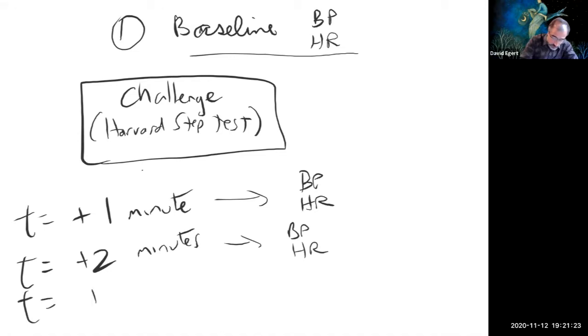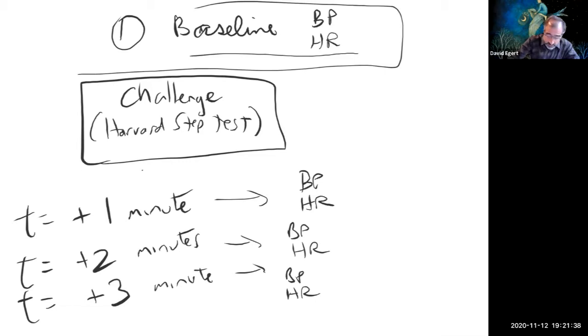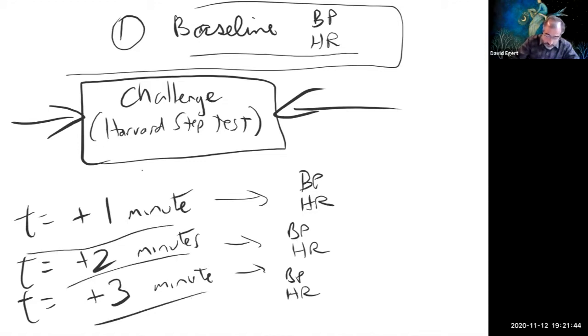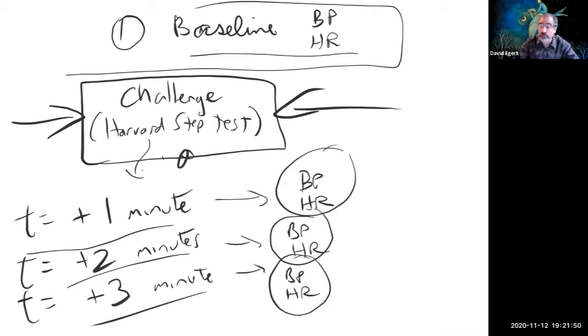T equals plus 3 minutes, blood pressure, heart rate. This is the basic idea, which we're going to see in this little video right now. We'll get a baseline reading, and then they'll do this 5-minute exercise. As soon as we're done with that, 1 minute post exercise, get the measurements, 2 minutes post, 3 minutes post.